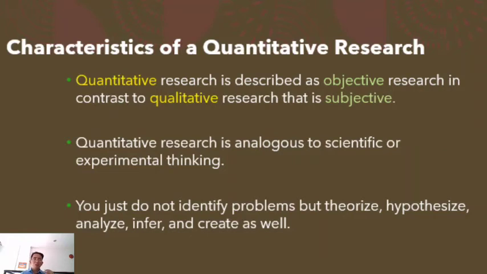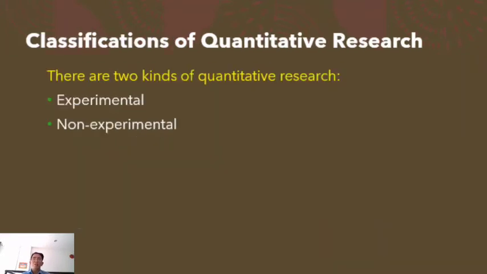You create theory, you hypothesize, you answer a question, and you want to prove it using your research. You analyze, you infer, and create as well. Qualitative research is used in soft sciences such as humanities, social sciences, education, and psychology, among others.